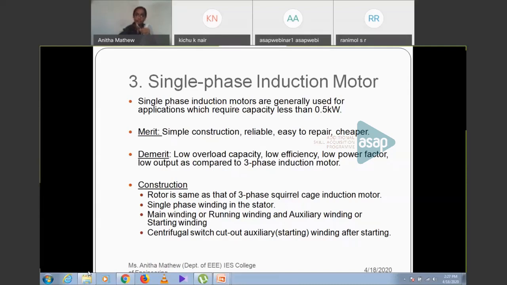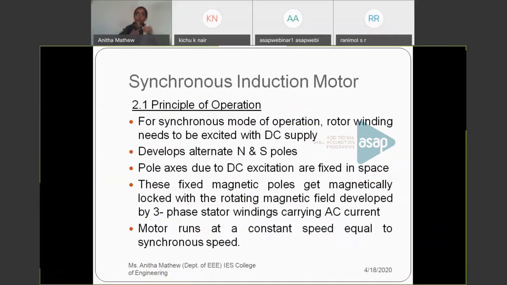When we give an AC supply, alternate north and south poles will be developed, but they also alternate. But when we supply a DC excitation, the north and south poles are fixed in space. When it is fixed, only then does it get magnetically coupled with the three-phase windings and the three-phase magnetic field.